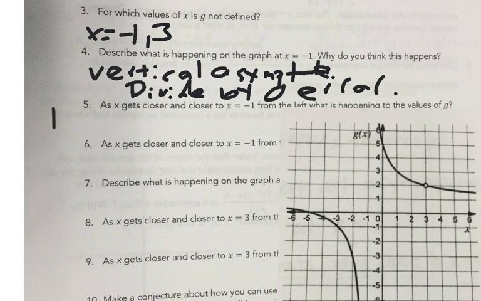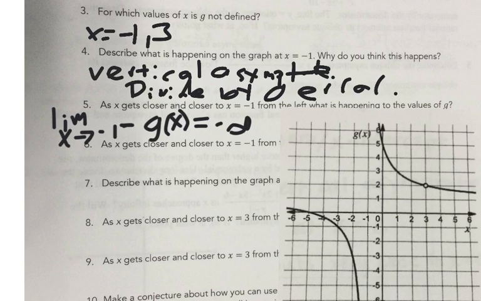We could say the limit as x approaches -1 from the left, with a negative sign, of g of x is negative infinity.